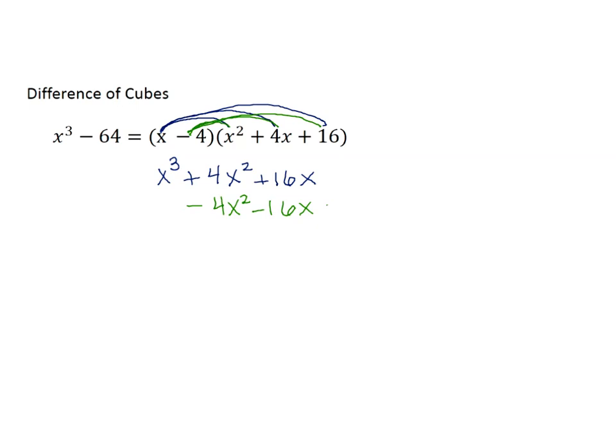And a negative 4 times a positive 16 gives me negative 64. So as we saw with the difference of squares, we have middle terms that are going to cancel out, and we're just left with x cubed minus 64. So it does work. When we multiply this out, we do get x cubed minus 64 back.